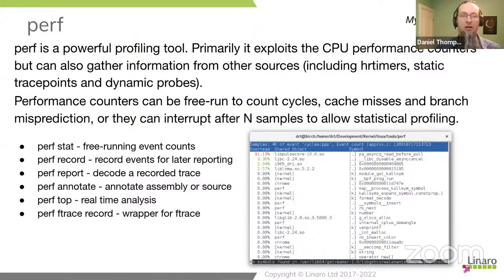So this is essentially, we can't run at real time because we haven't got enough performance. At that point, we might build into perf. So perf is a profiling tool. Perf primarily exists to exploit performance counters, but it can also use things like timers, and timers are fundamental to time-based profiling. So timers are quite sufficient to do profiling.